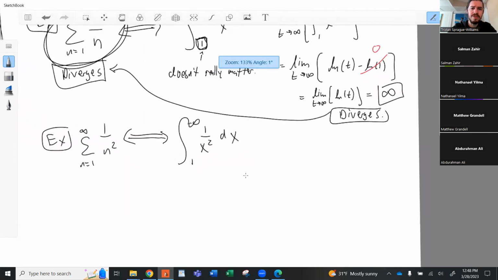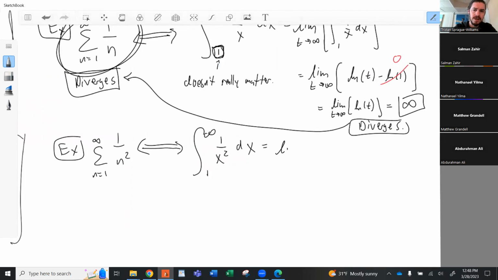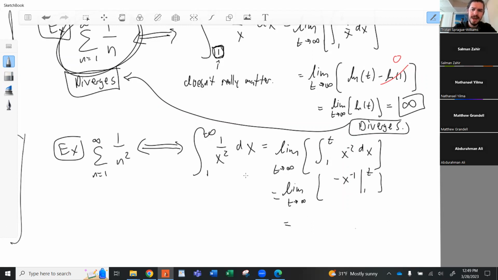Now let's try it with this 1 over x squared. I'm going to integrate from 1 to t, 1 over x squared. This is x to the negative 2, right? So my antiderivative here is negative x to the negative 1, from 1 to t. So we have the limit of negative 1 over t plus 1.